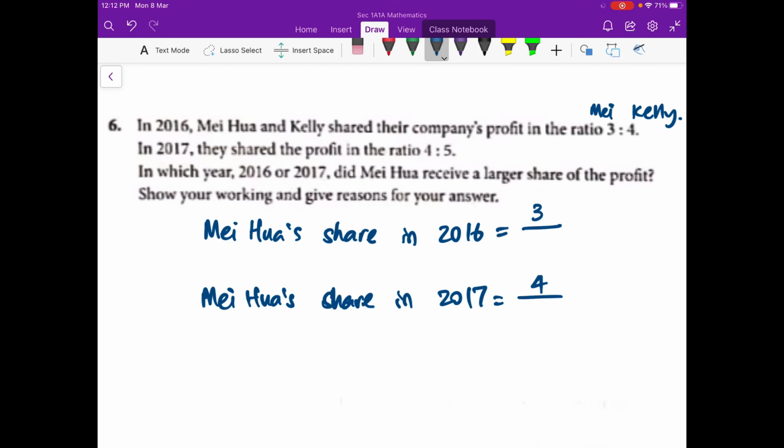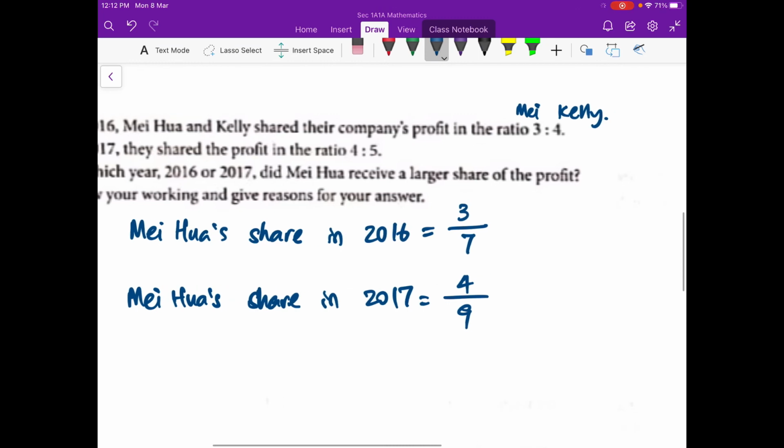Why 3 to 9? 3 over 7. Okay. Now in 2017, 4 out of 9. So, which is the bigger fraction? 4 over 9 is bigger, right? How do we decide? You're forgetting your basics. You can use decimals, 0 point something, and compare. Or you can take one number minus the other number. If your answer is positive, then the first number is greater.